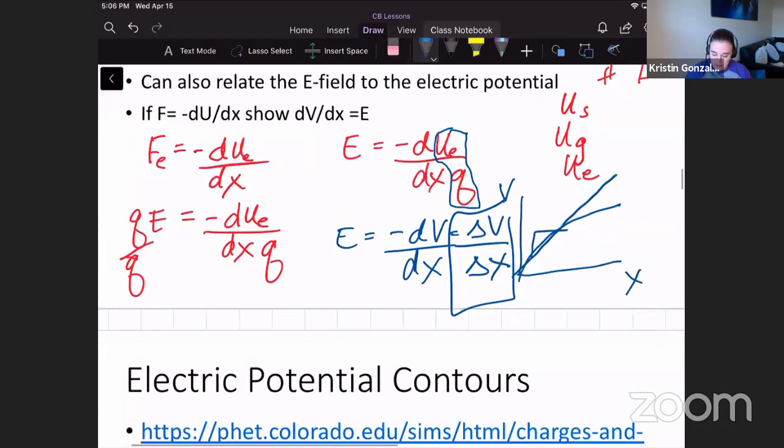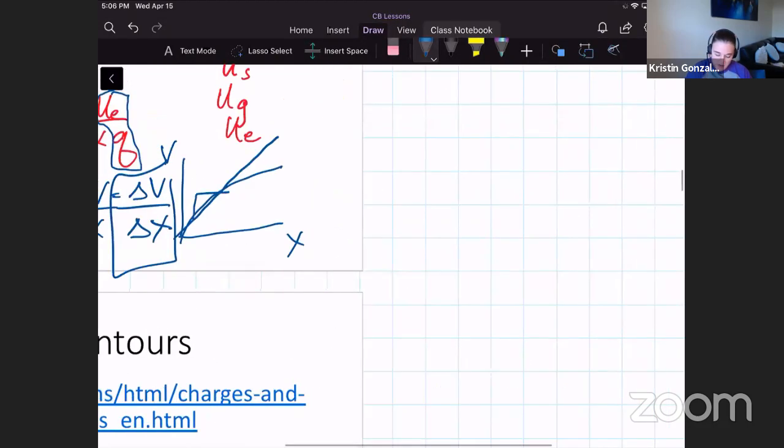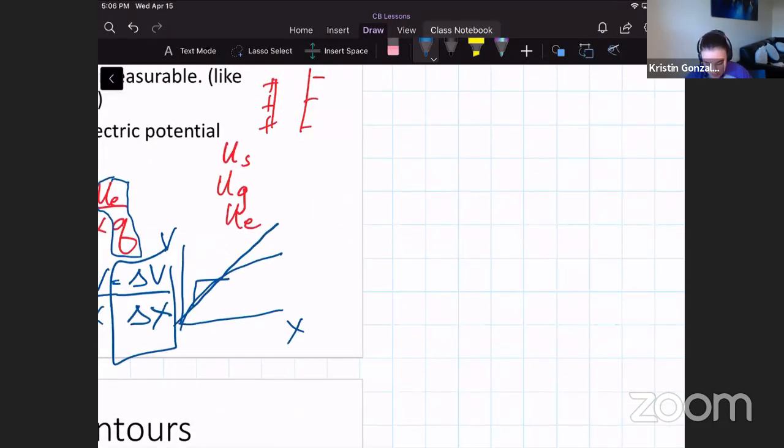So if we put a little list of important equations here off to the side, we know that the potential is the amount of electric potential energy per charge. We know now that the electric field is the change in potential over the change in distance.